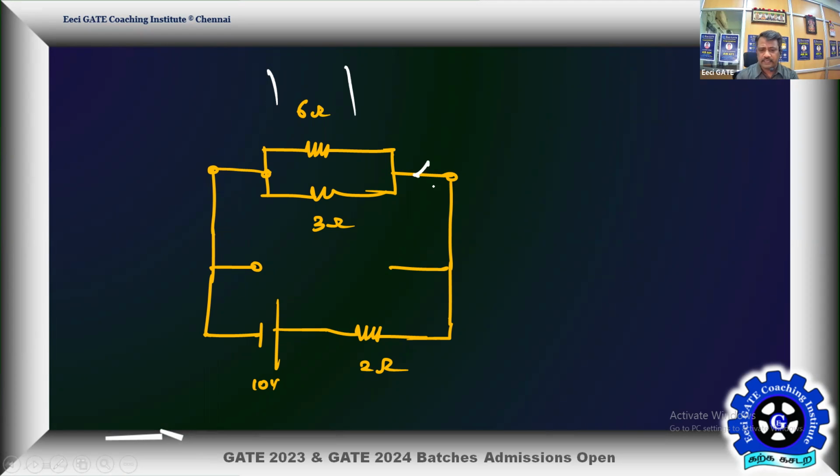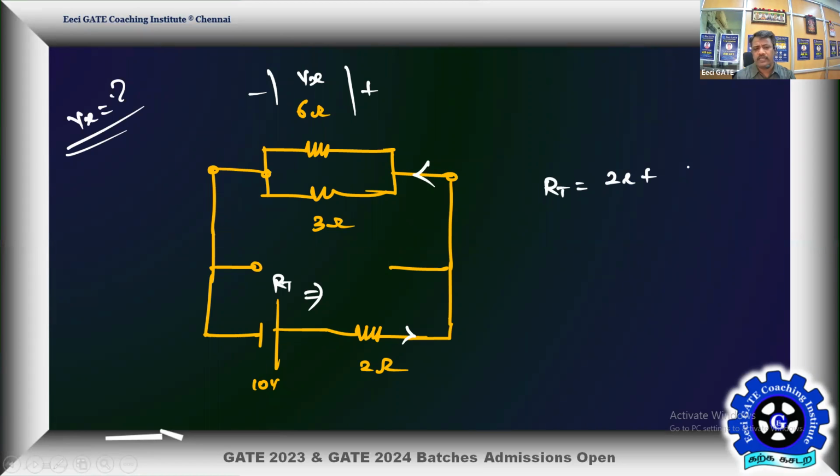The current direction is already given, so we will take this as positive and this as negative. That's the potential we want to determine, Vx, the voltage across the 6 ohm resistor. Now 6 and 3 are in parallel, which is effectively in series with the 2 ohm. Therefore, the net resistance seen by the battery, R total, is equal to 2 ohm plus 6 ohm parallel 3 ohm. 6 parallel 3 is 2.